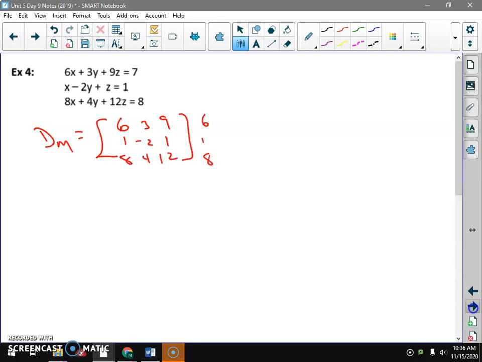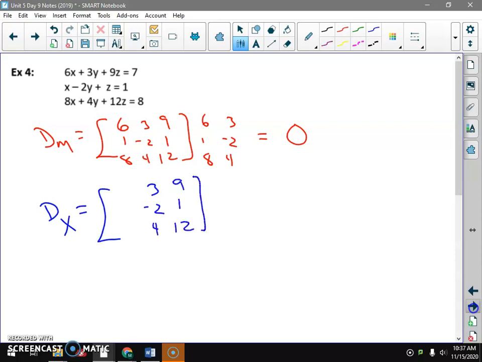The determinant of that ends up being 0, which means infinite or no solutions. Last time it was infinite. What's x? Keep the y column, 3, negative 2, 4. Keep the z column, 9, 1, 12. Replace the x's with answers, 7, 1, 8.